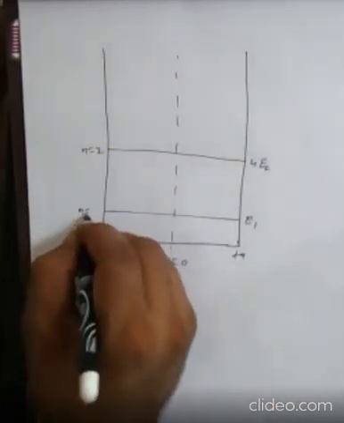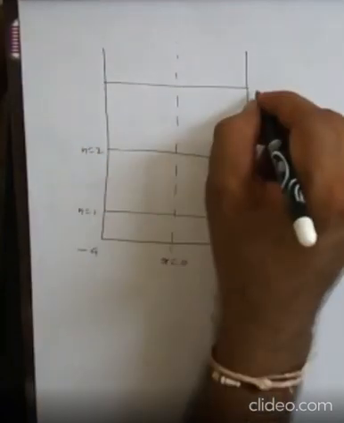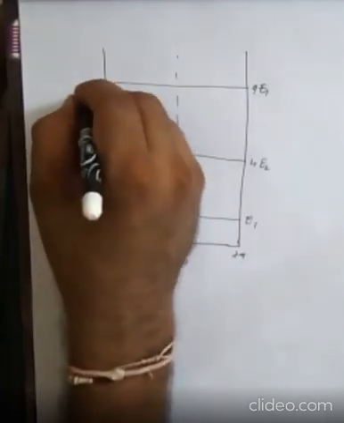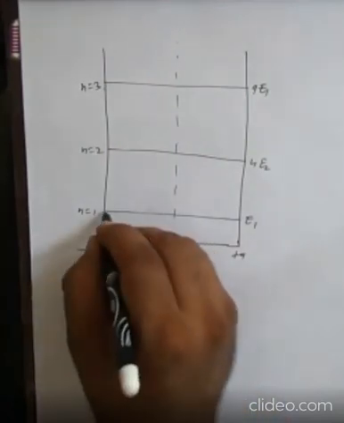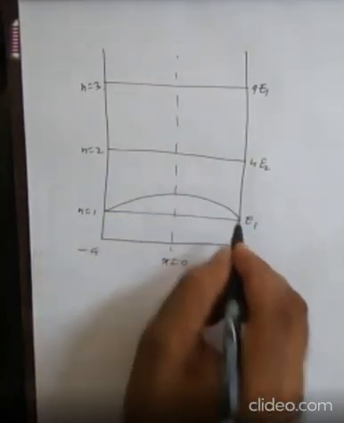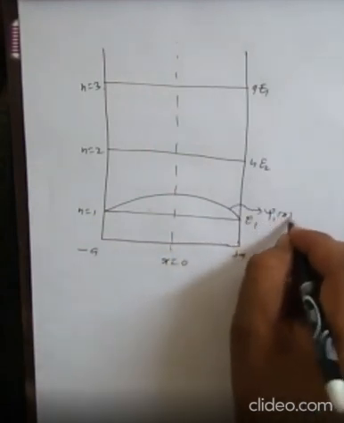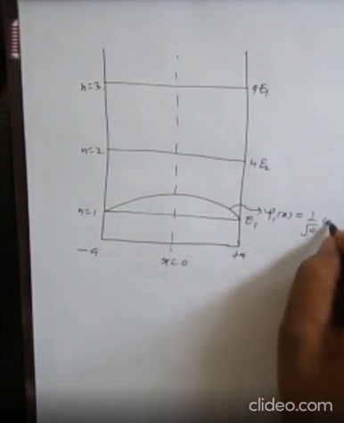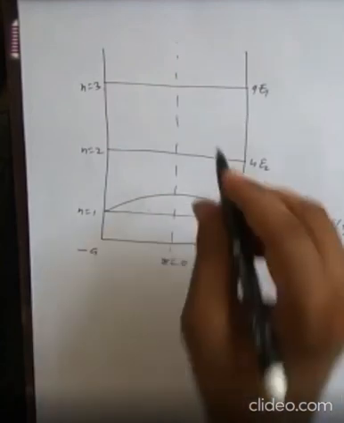This is n equal to 1. And then this is n equal to 3. So this is psi 1 x, which is 1 over root a cos pi x divided by 2a.